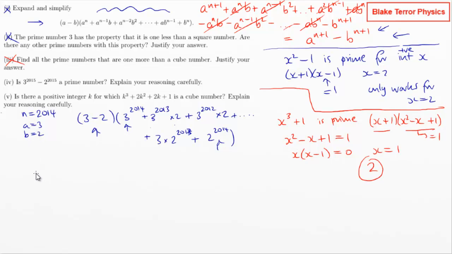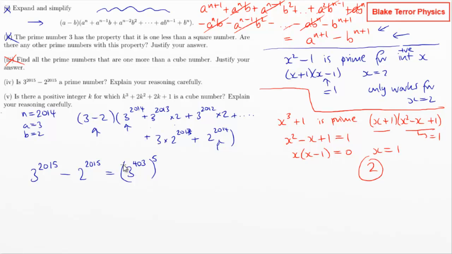So let's write this then as, right, so let's go with this. I'm saying that 3^2015 minus 2^2015 is equal to 3 to the, well, I could go either way. Do I want to, I probably want a higher power here, don't I? And then the lower power on the outside, but well, it doesn't matter.